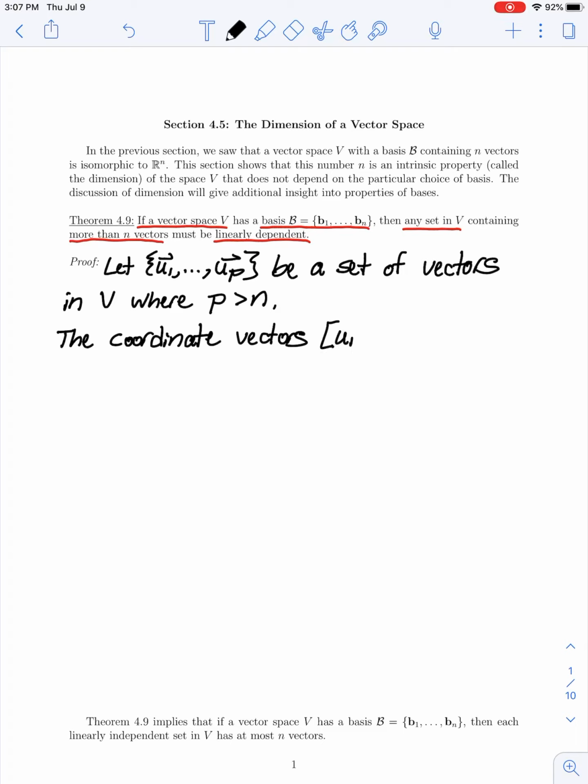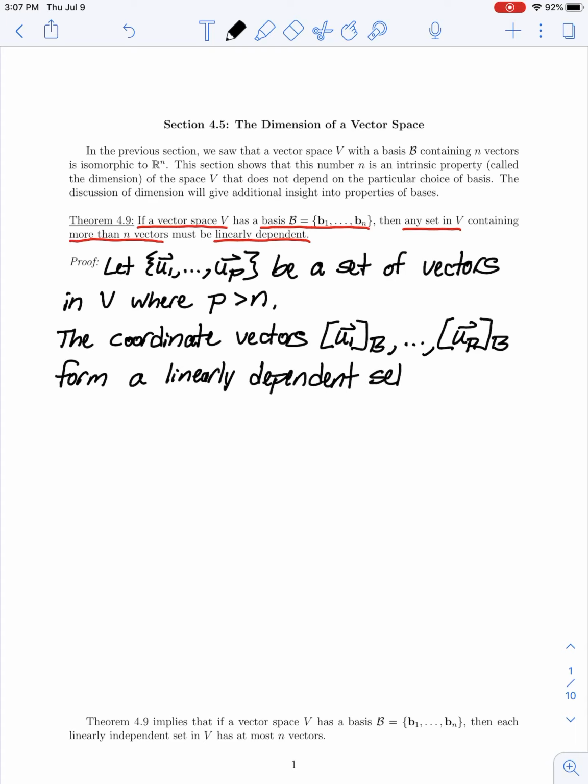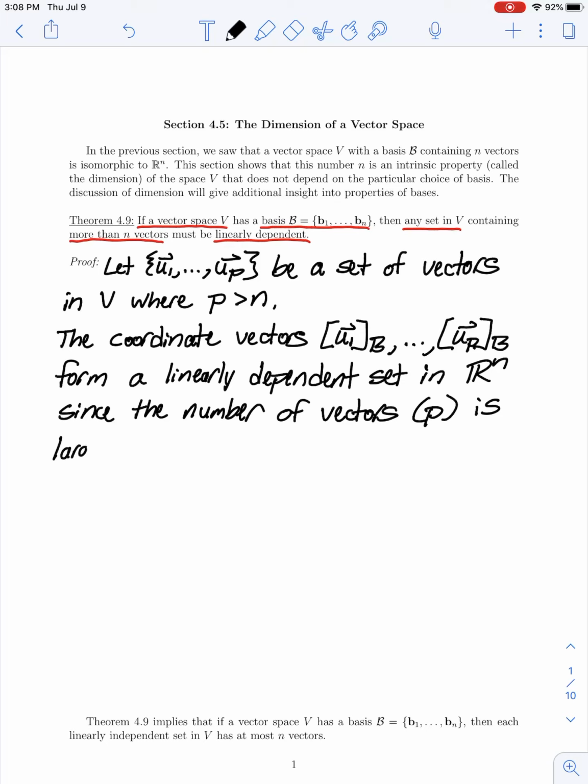Let's say the coordinate vector of u1 relative to the basis B up through the coordinate vector of up relative to the basis B. So these coordinate vectors are vectors in Rn, and these will form a linearly dependent set in Rn, since the number of vectors, which is p, we're looking at p coordinate vectors, is larger than the number of entries for those vectors, which was n.